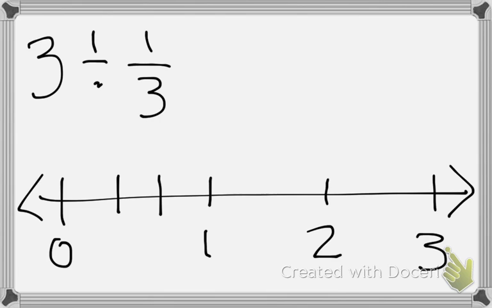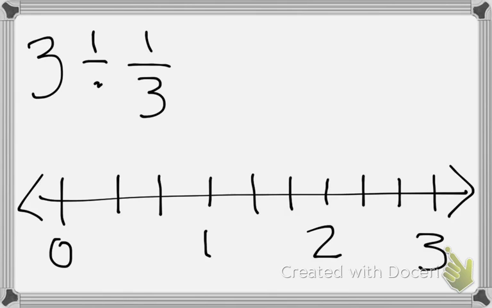We're going to do the same thing for 1 through 2. Divide that into thirds. Count the spaces in between the 1 and the 2. That's thirds. And then 2 to 3, doing the same thing. Now, division is repeated subtraction, so we're going to hop backwards till we get to 0.